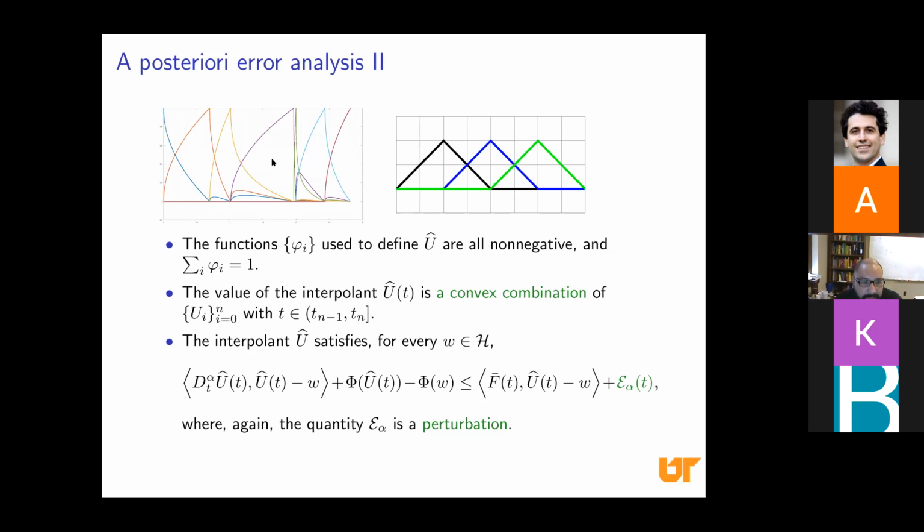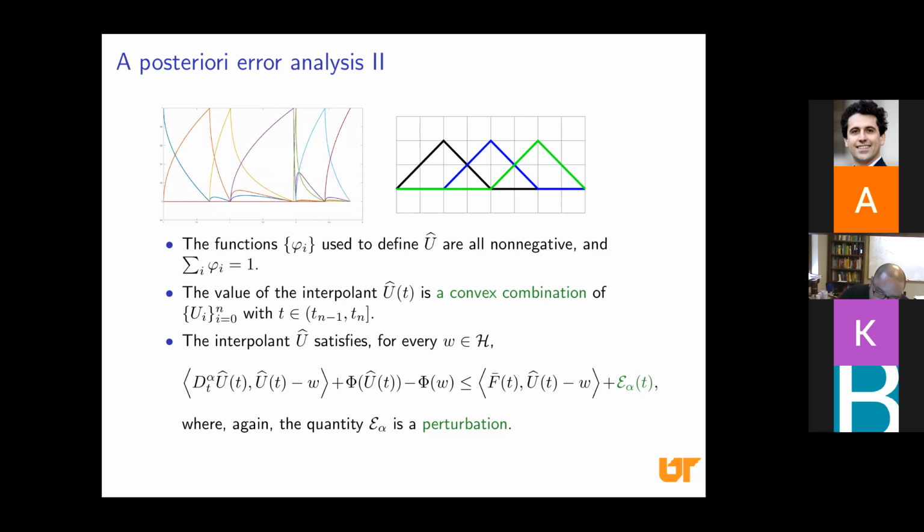They look quite different from the usual hat basis functions that are the basis for piecewise linear interpolation. However, you can show that these functions are all non-negative. That's kind of seen from the picture, but you can prove that. And on top of that, they all add up to 1. So much as in the linear case, this interpolant, the one that is interpolated using these functions, is again a convex combination of the nodal values.